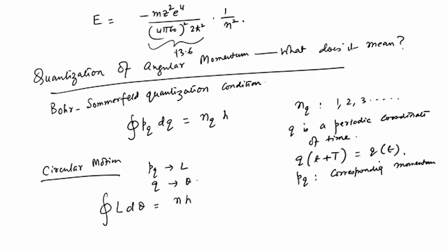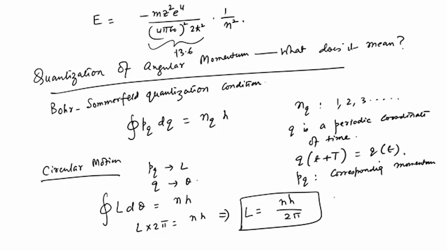Now, we are not writing q, but n is a quantum number which corresponds to this coordinate. That tells you that L into 2 pi becomes equal to n h, and so L equals n h over 2 pi. This is the Bohr condition.